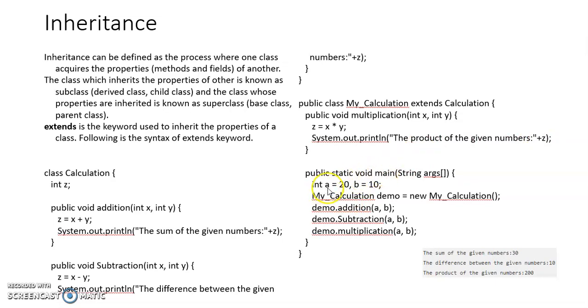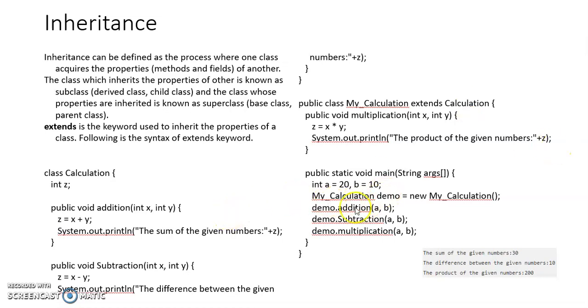I'm passing my values over here to a and b variables. Int a is declared as 20 and int b is declared as 10. I'm creating my object which belongs to the derived class. Hope you remember that when we did the programs in C++ also, the objects belong to the derived class, and it was derived class objects that call the functions from the base class. Here also it's the same.